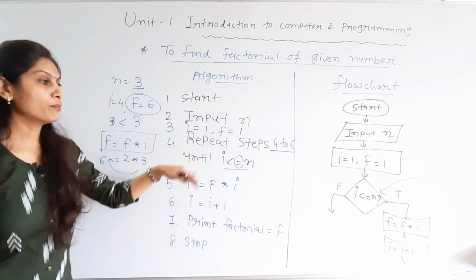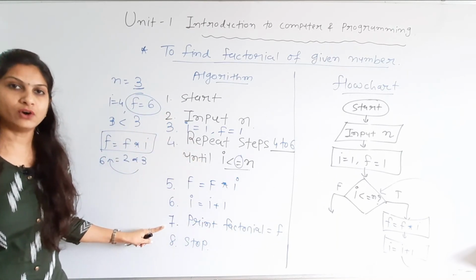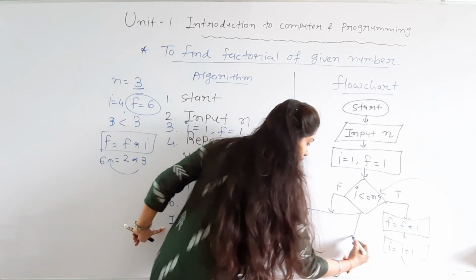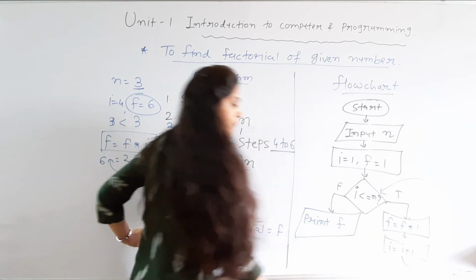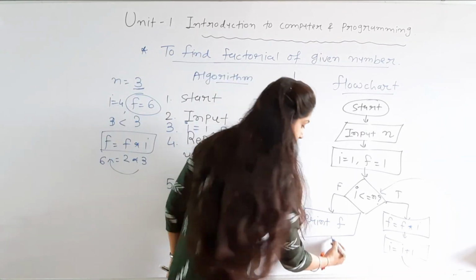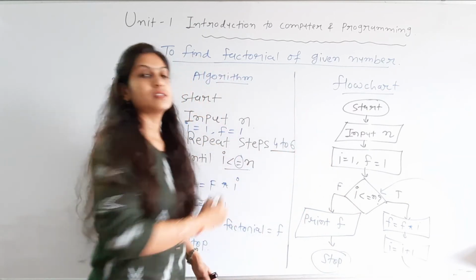Clear? So the true part is completed. When the condition becomes false, we move to the false part, that is 7, and the answer is output, that is print f. That is our factorial, and last step is stop. So this is the flow chart.